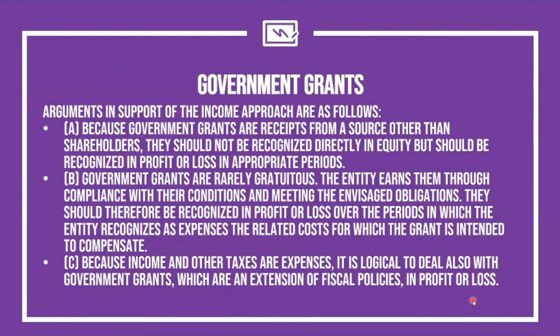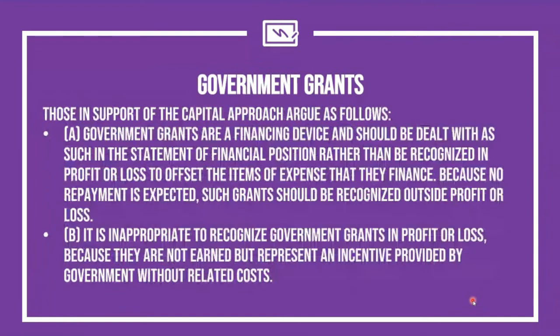And the deferred income, which is 1 million, will also be spread based on the depreciation rate of the related asset. So 1 million divided by 10 years is also 100,000. So there will be 200,000 depreciation expense and 100,000 income from government grant. If we net off that amount, it also results in 100,000 expense, which is the same as the depreciation we get if we use the capital approach.